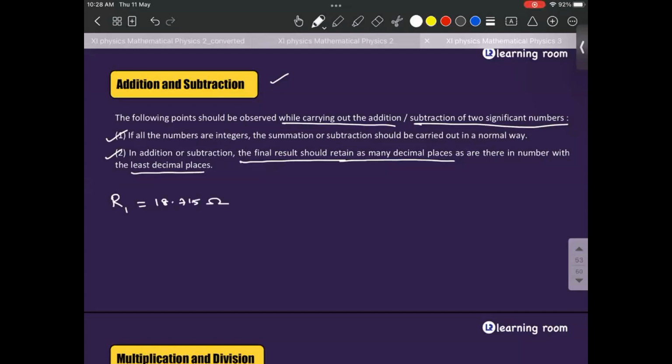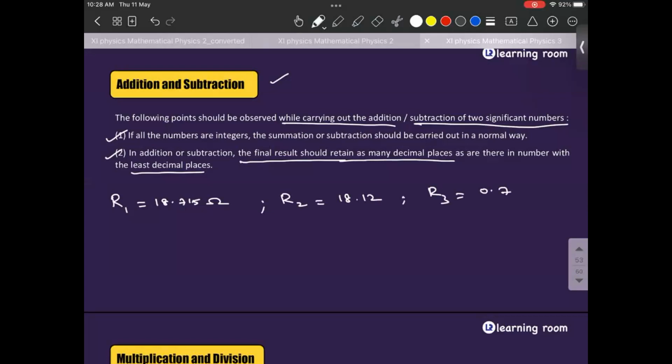So you have a more precise device in your hand, right? And let's say the second reading is 18.12, and the third reading is 0.7. Okay, you have something like this.